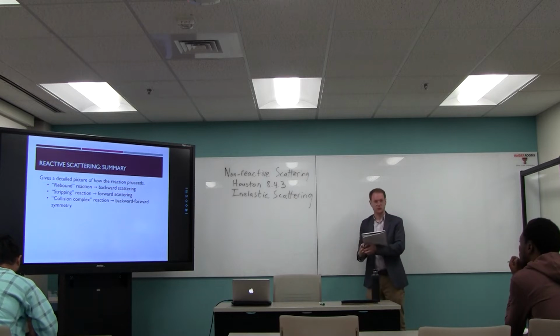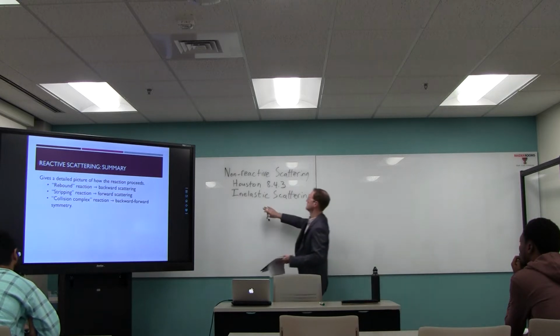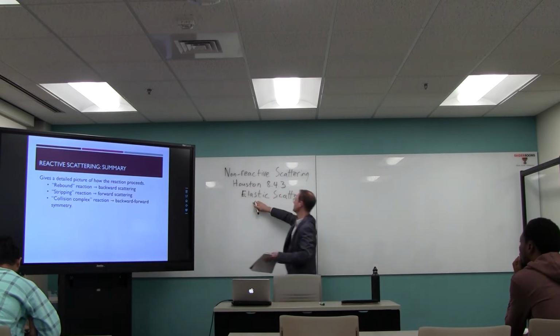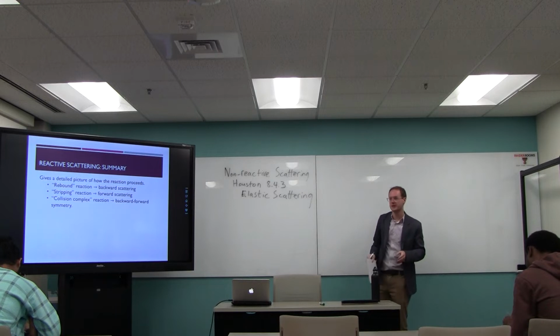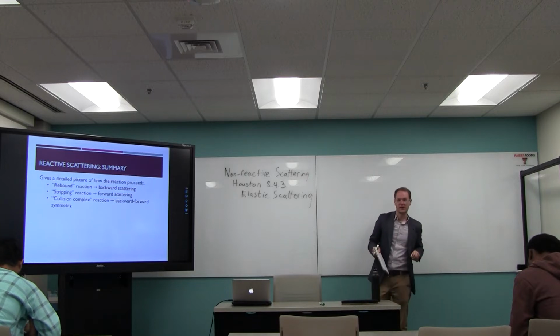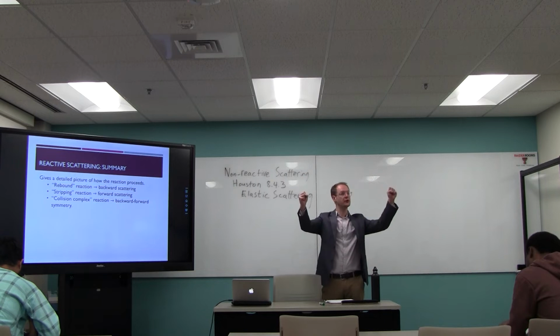Okay, so inelastic scattering basically means that... I'm sorry, I'm out of order. First we're doing elastic scattering. Sorry about that. Yeah, so first, elastic scattering. Elastic scattering means that the energy of the products is the same as the energy of the reactants, right? And so basically, that means you have two collision partners, they don't undergo a reaction, right?